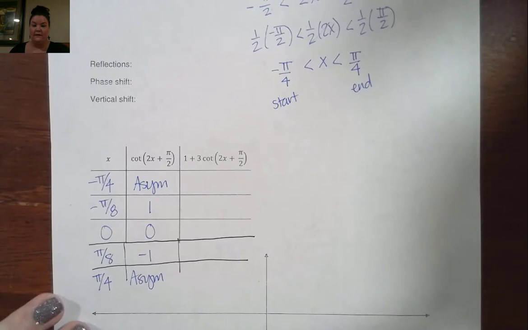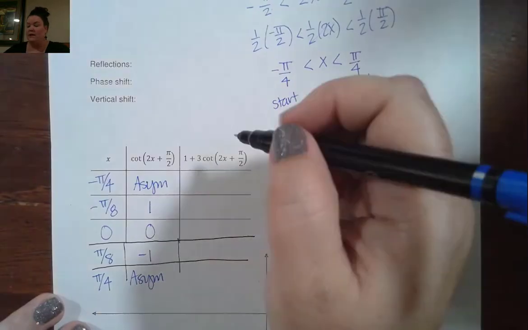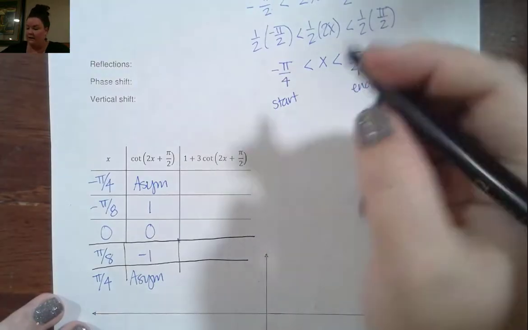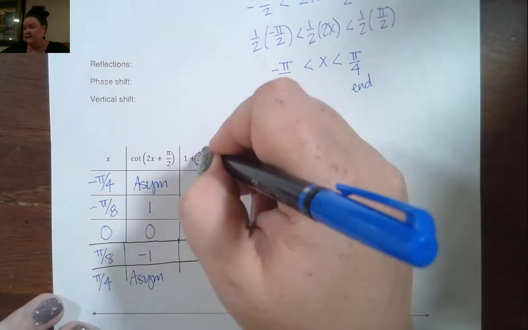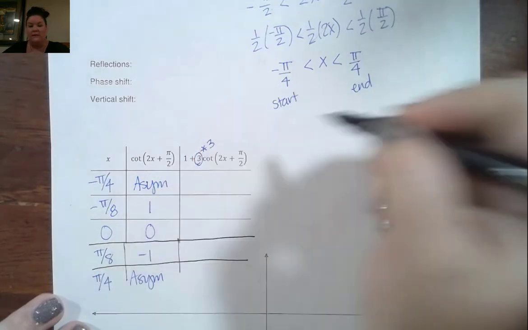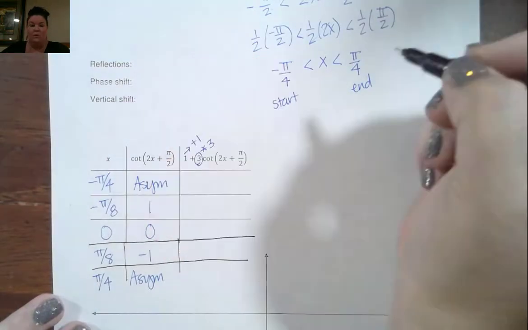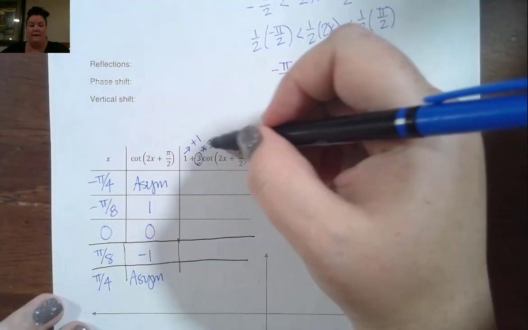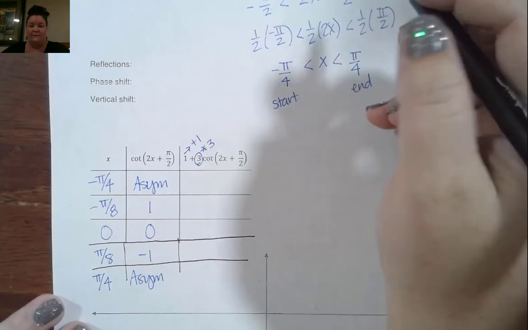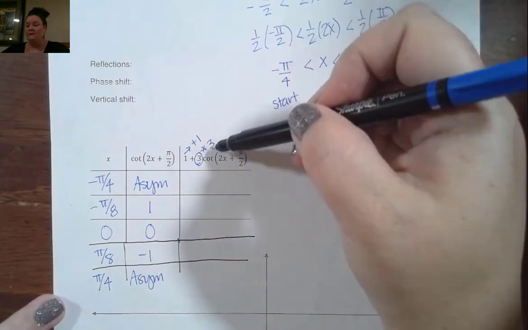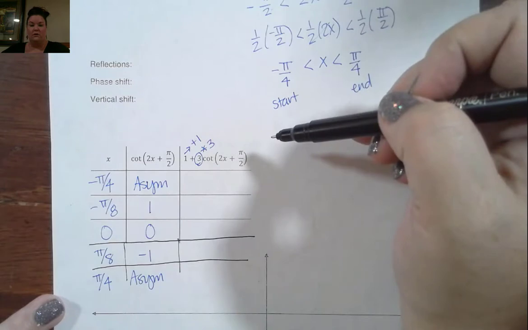And then the last thing we need to do is adjust for our y. So I can see here this 3 tells me that I'm going to multiply my y's by 3. And then this tells me I'm going to add 1. And we always do it in PEMDAS order, right? Please excuse my dear Aunt Sally. We do our multiplication before we do our vertical shift.